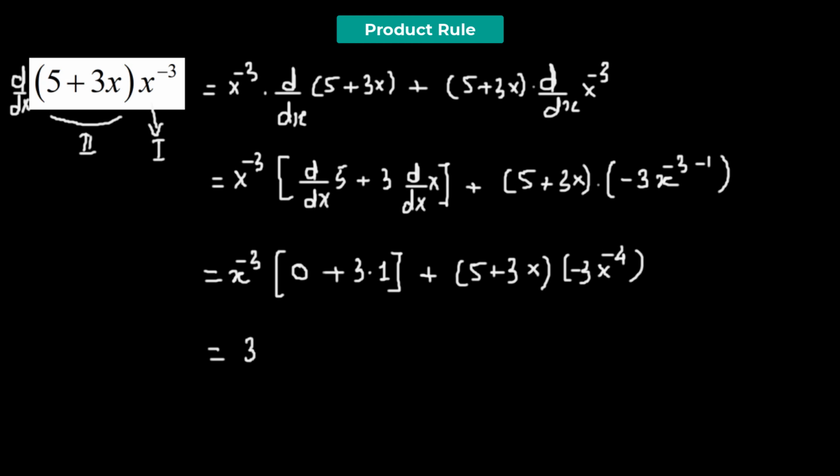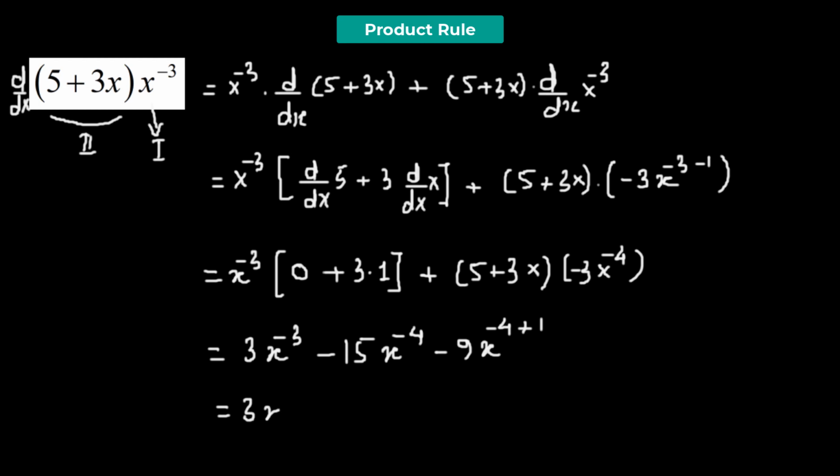So we have 3 multiplied to x raised to the power of negative 3, plus 5 times negative 3 will be negative 15, so negative 15 times x raised to the power of negative 4, minus 9, which is thrice x multiplied to negative 3x raised to the power of negative 4. So we have minus 4 plus 1.